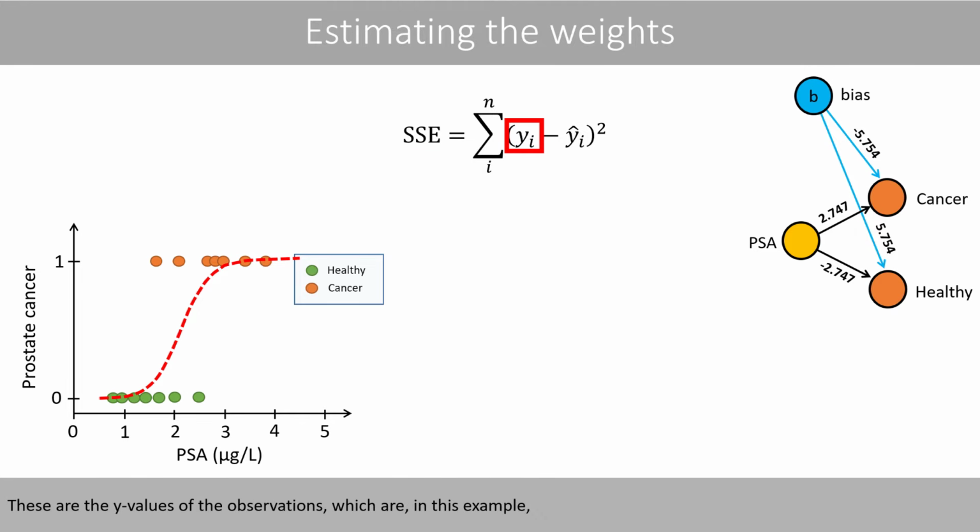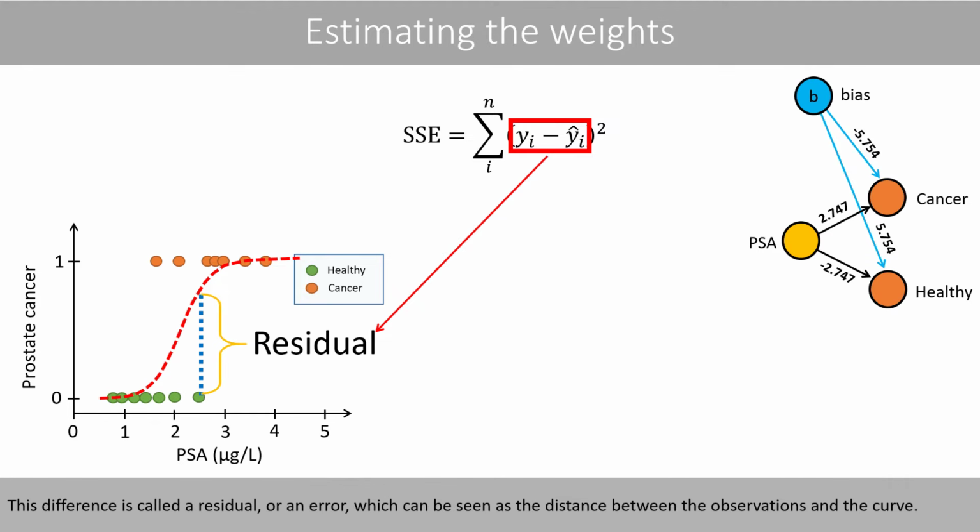These are the y values of the observations, which are, in this example, equal to 0 if it is a healthy person, and 1 if it is a patient with prostate cancer. Y hat is the value of the activation function that can go between 0 and 1.